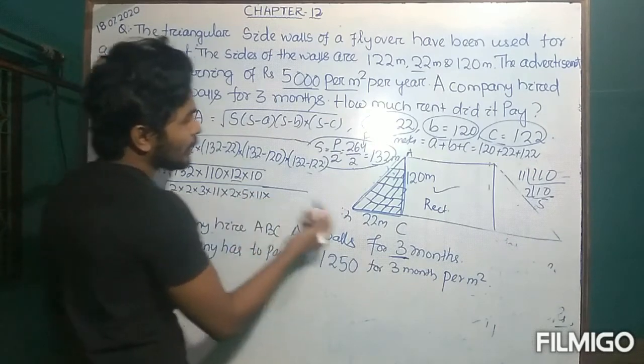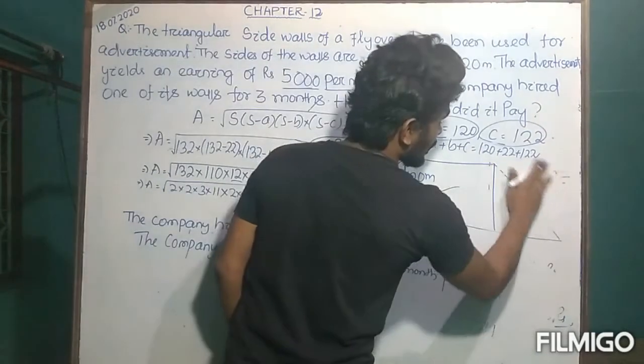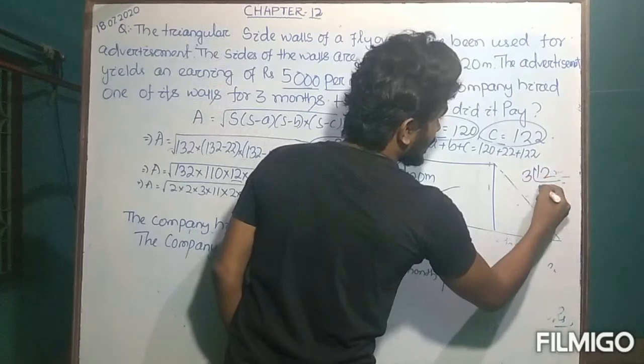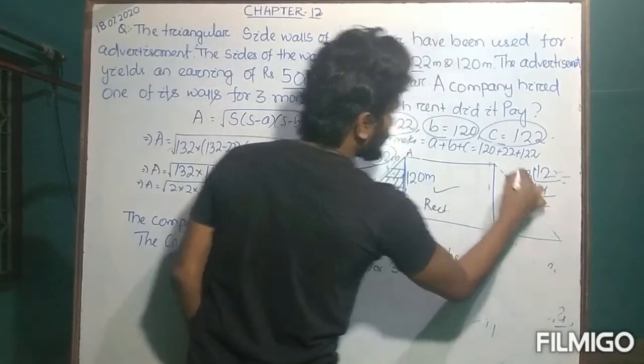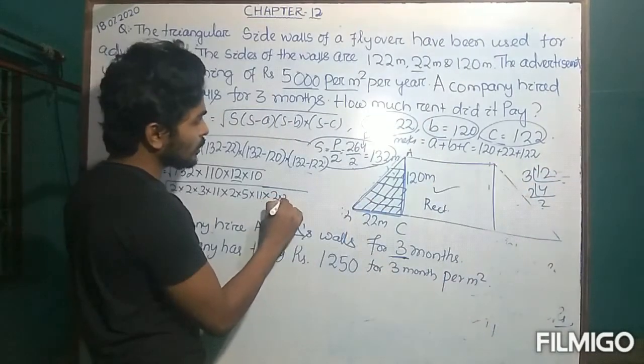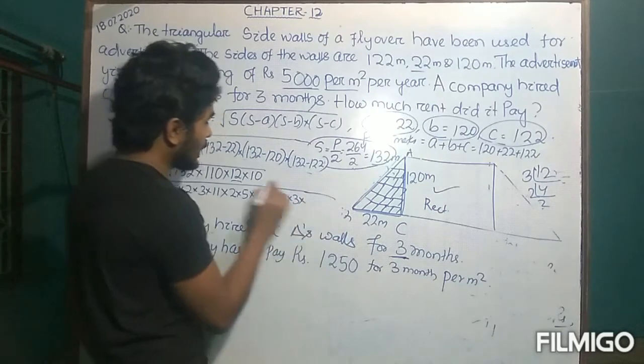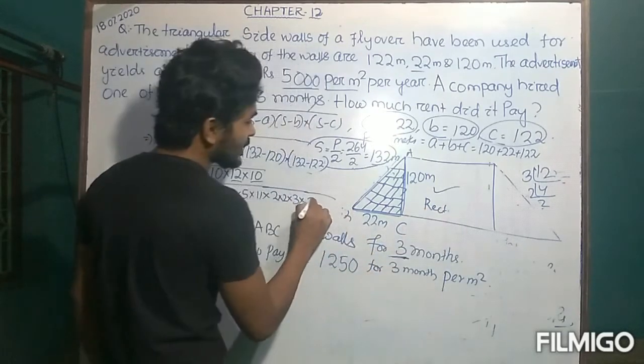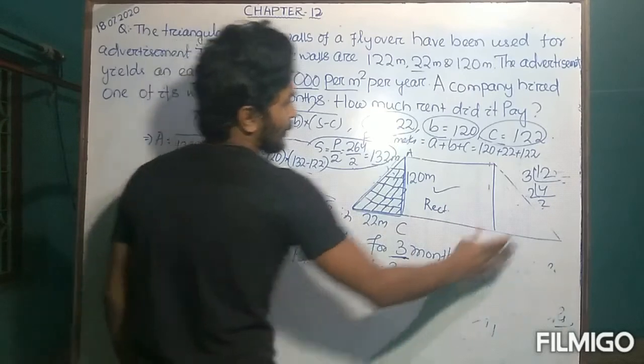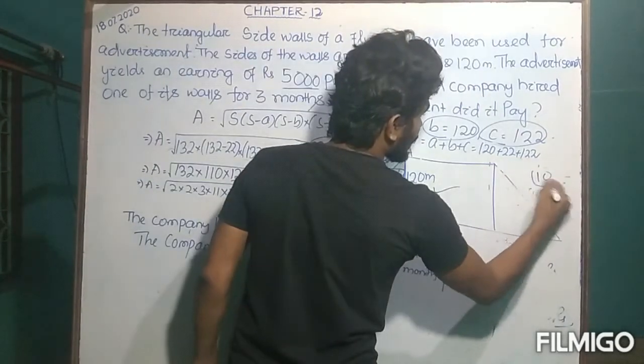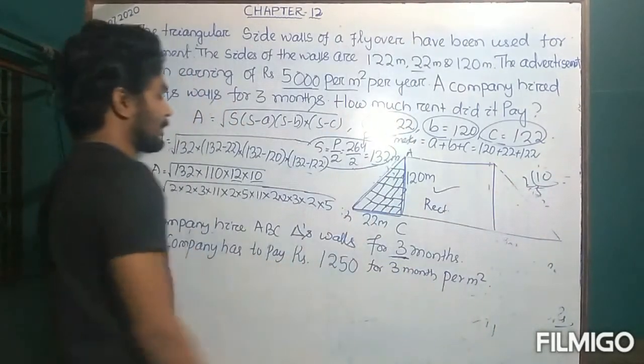Again 12 can be factorized as 2, 2, 3. And this 10 can be factorized as 2 into 5.